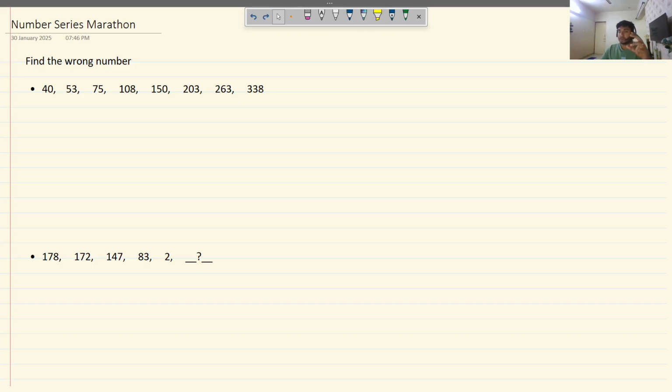Similarly, if you memorize these 20 to 25 logics and revise them on a regular basis and keep these logics handy, as soon as you see the question you will be able to figure out the logic.